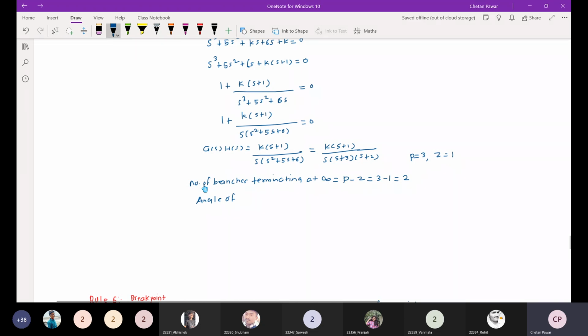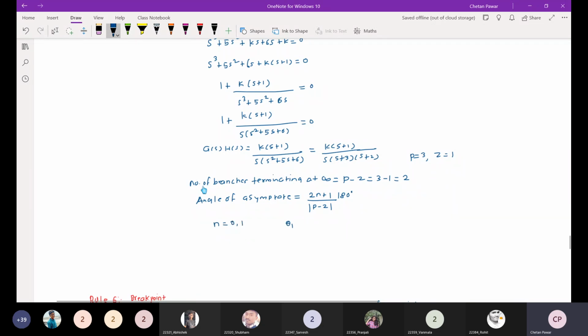So the angle of asymptote is given by (2n plus 1) divided by the difference between poles and zeros, into 180. n will vary from 0 to 1.